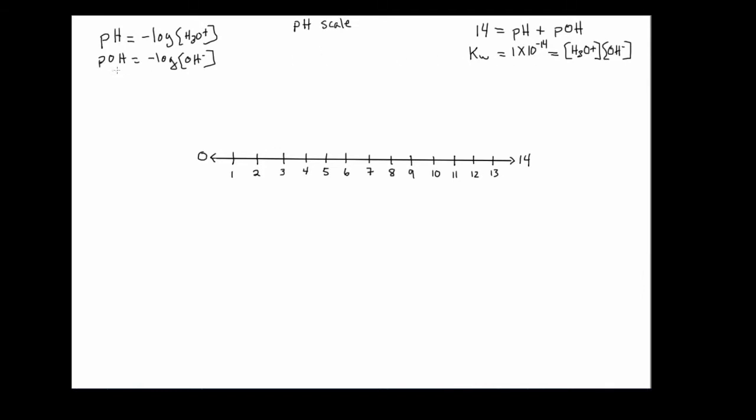And then coming back to the left side of the screen, I think it's important for you to know how to go back and forth from pH to H3O plus, or back and forth from pOH to OH minus.